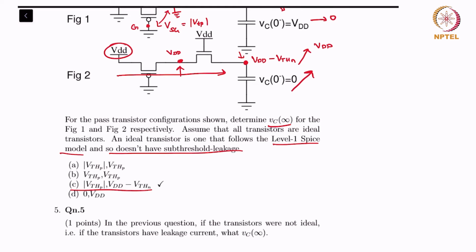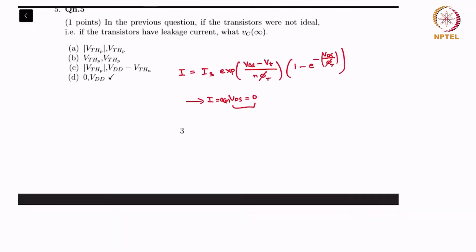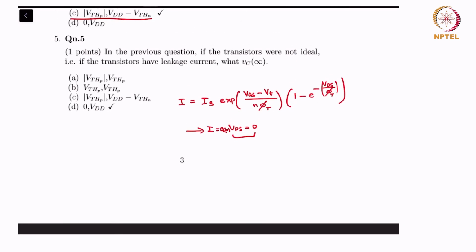So at the point where it's VDD here and it's VDD here, you can see that the transistor has VDS equal to 0, because both sides are just VDD. So this will rise to VDD, and so therefore the answer for the second one, question number 5, is 0, VDD. It will go all the way up to the logic levels.